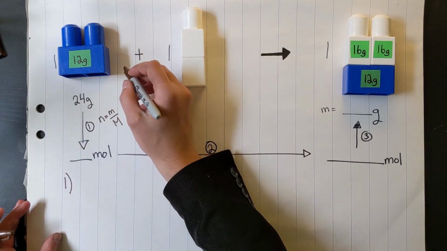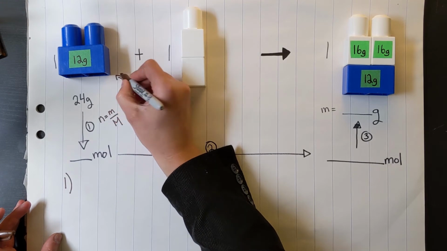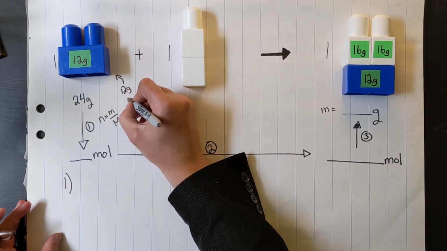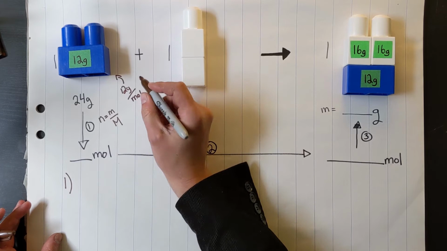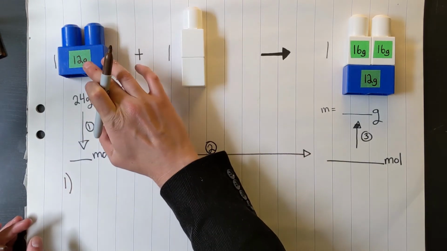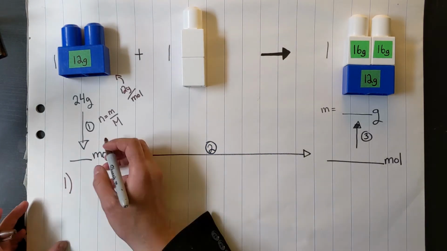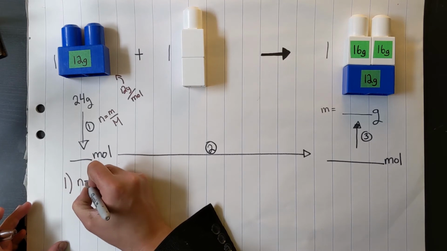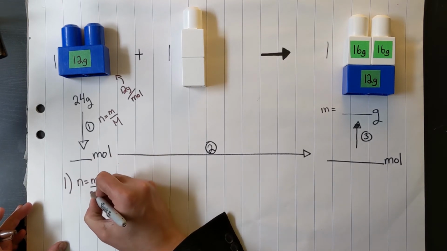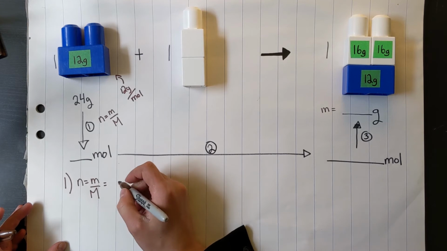And my molar mass here is 12 grams in a mole, right? 1 block is representing a mole, and that's got a mass of 12 grams.